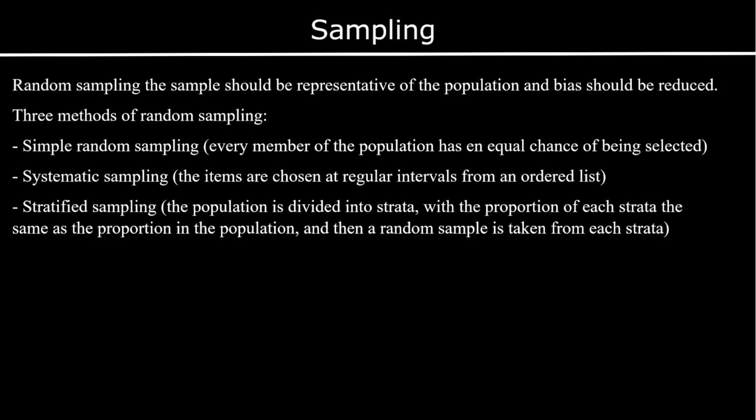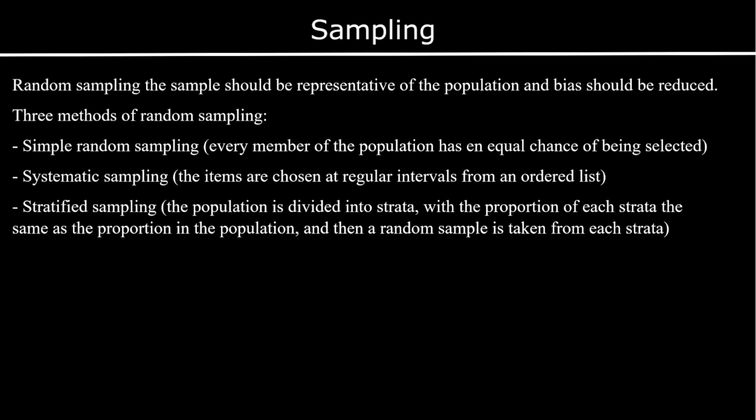Stratified sampling, we split the population into groups. So say we had boys and girls, or year 7s, year 8s, and year 9s, or adults and children, and we want our sample to be representative of the population. If we had 70 boys and 30 girls, and we want a sample of 10 to make it easy, we want 7 boys and 3 girls.